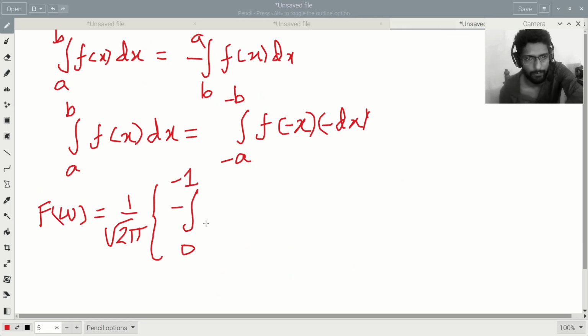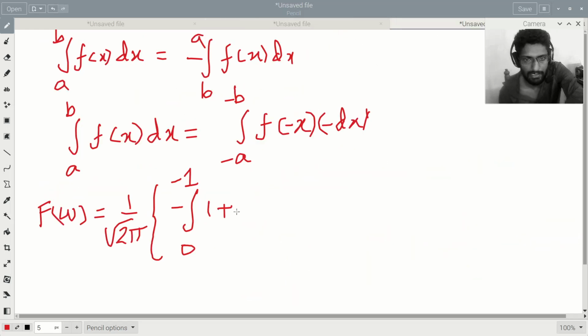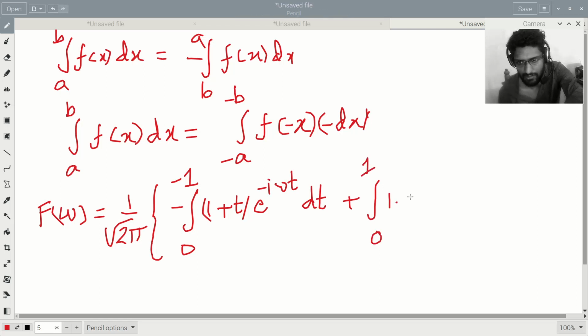Put a minus sign. And what is the value of the function there? It's 1 plus t, e raised to minus i omega t dt, plus, we are not making any change on the second part. It's 1 minus t, e raised to minus i omega t dt.